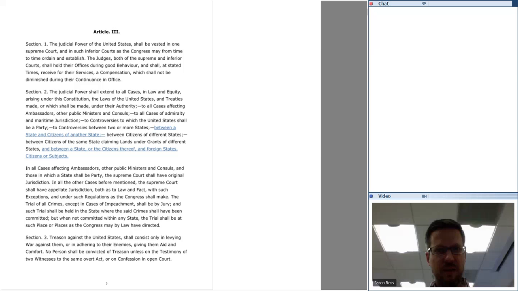So we have a new thing in Article 3, as we have a new thing in Article 2, the presidency. There was no separate executive branch under the Articles, and now we have one in Article 2. Under the Articles of Confederation, there was no separate judicial branch. Now in Article 3, we have one. So first of all, we have this separate independent branch.